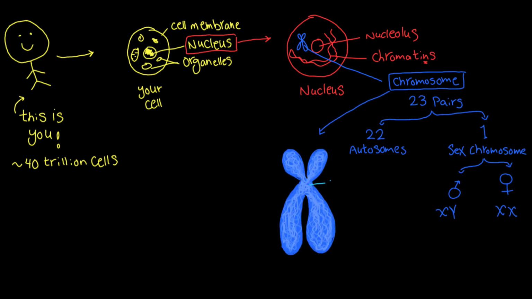Let's take a look at the main structure of a chromosome. Each chromosome has a constricted point called the centromere. It divides the chromosome into 2 arms, the short arm of the chromosome, or the P arm, and the long arm of the chromosome, or the Q arm.